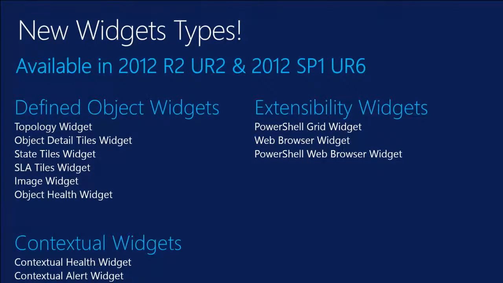We also have contextual widgets, and these widgets allow you to select objects in other widgets on the dashboard and then expose more details, more meaningful data around those objects, and lets you pivot without having to jump off the dashboard into another screen.